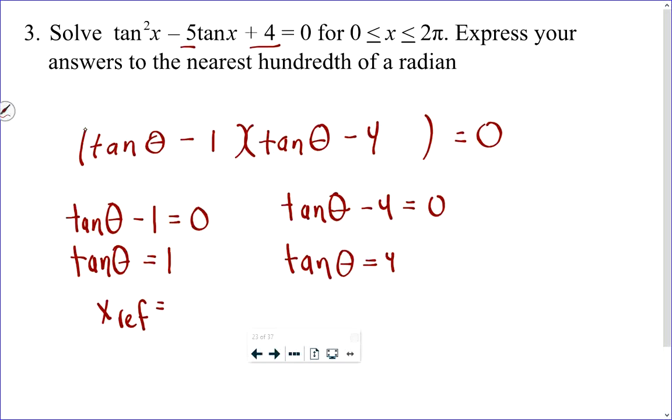So what I would like everybody to do is put your calculator into radian mode. We want decimal radian values. Find the reference angle for each of those.